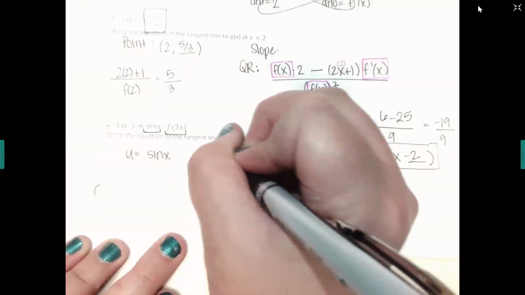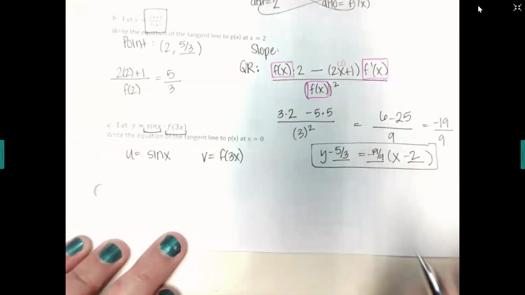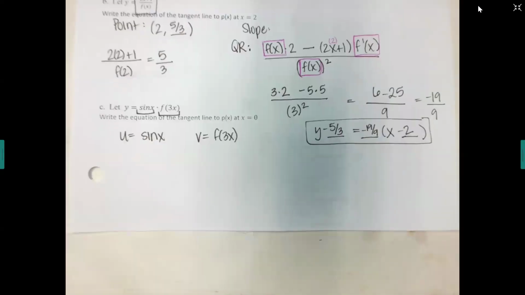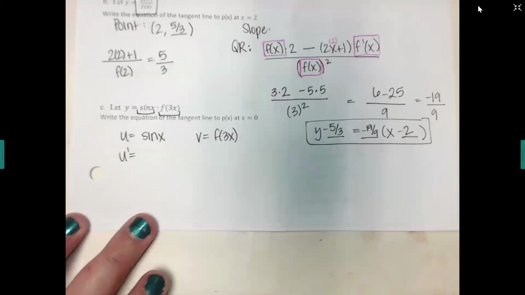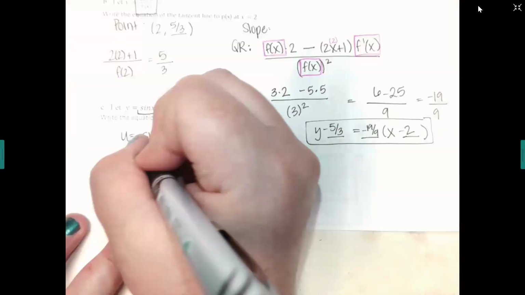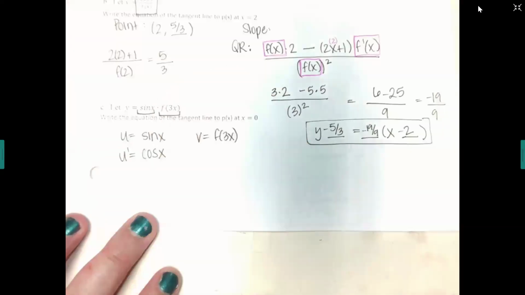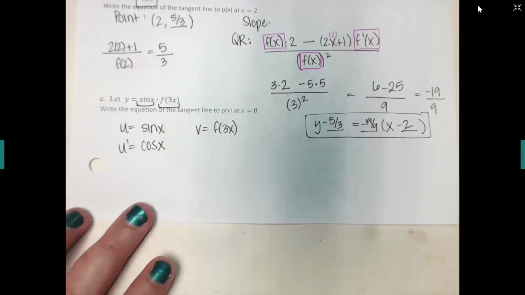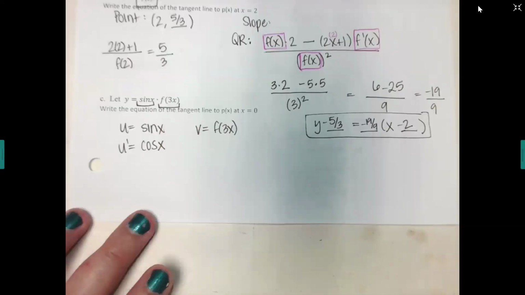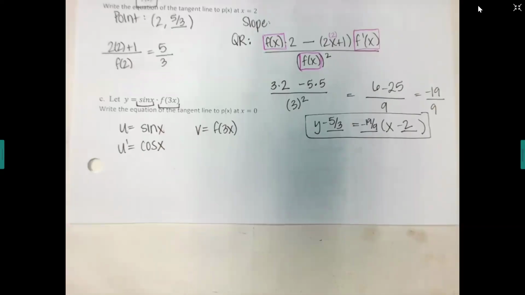My v is an f of 3x. When I take the derivative of sine x, what am I going to get? Cosine x. When I take the derivative of f of 3x, what rule am I going to need? Chain rule, because it's not just f of x, it's f of 3x.